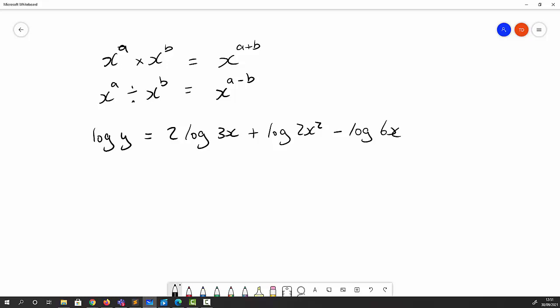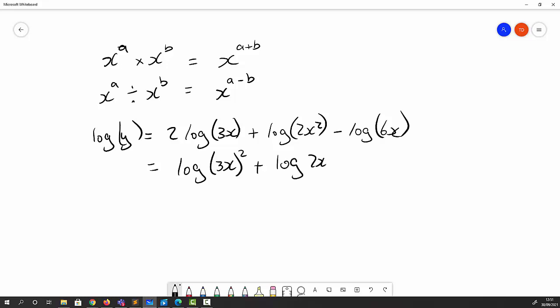Okay, these are all log 10s. I suppose I should put my brackets in for tidiness sake. So we'll stick those in. So that is equal to, this becomes log 3x squared plus log 2x squared minus log of 6x.